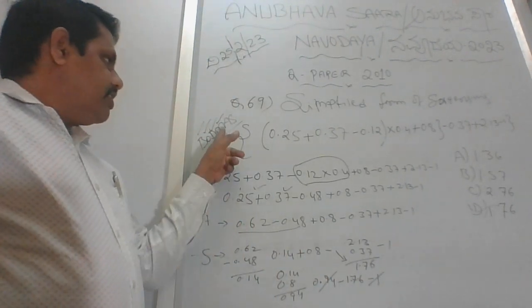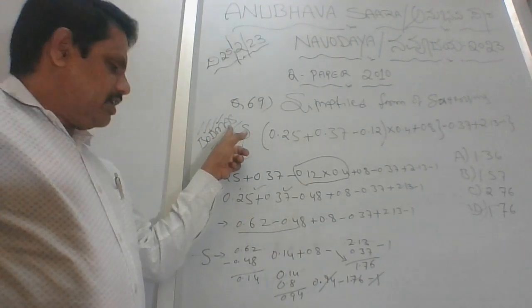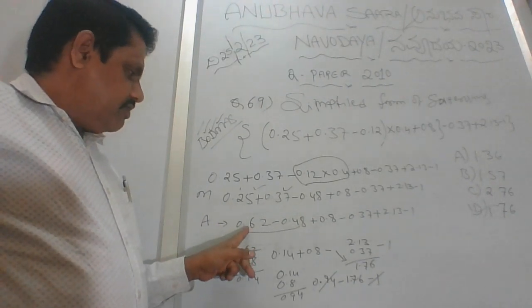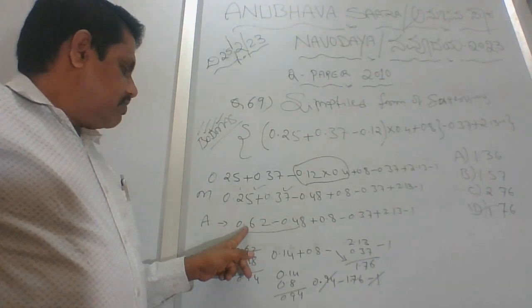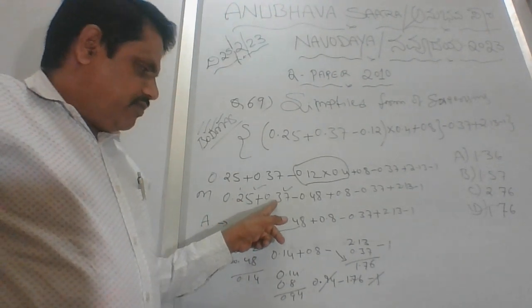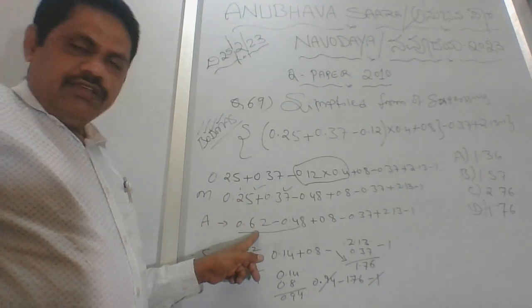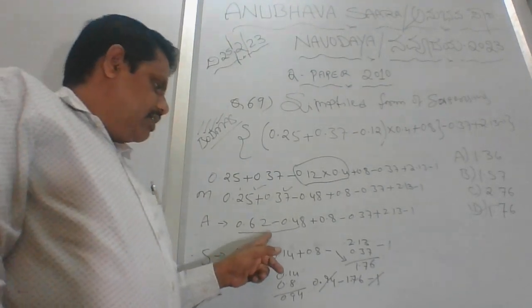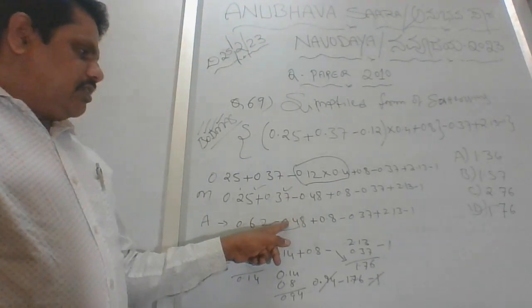Now after M we have to use A. Correct? Addition. What I have done in addition is this. Yeah, 0.25 plus 0.37 is 0.62. Right? 0.62, then I kept the rest the same.